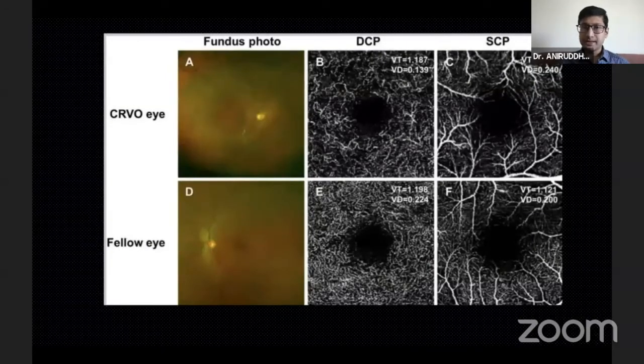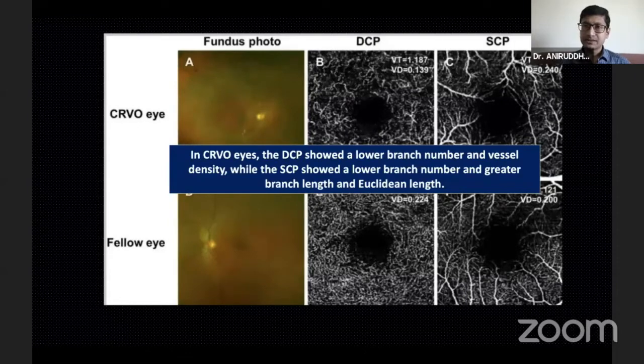In CRVO eyes, we realize that there are flow deficit areas or an increased intercapillary spacing, especially in the deep capillary plexus. If you compare with the fellow eyes, the vascular density is definitely going to be less. In eyes with CRVO, the deep capillary plexus shows a lower branching number and vessel density.